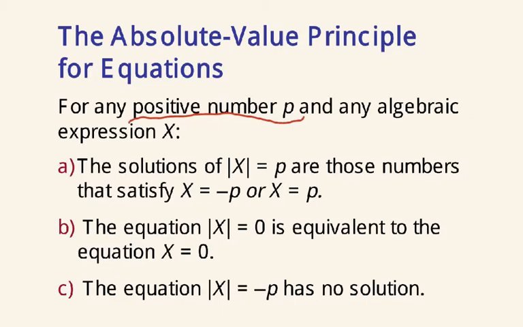And the equation the absolute value of x equals the opposite of p has no solution, because if p is a positive number, its opposite is a negative number. An absolute value cannot be negative.